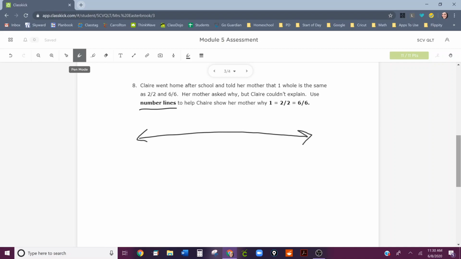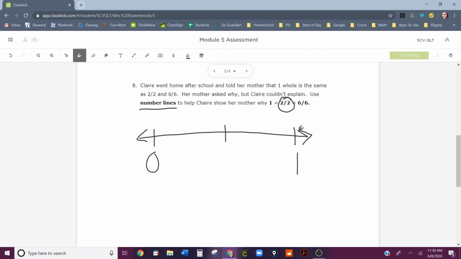a number line. And what I'm going to do is first I'm going to show 2 halves. So I'm going to have 0 and 1. I'm going to break it in half. So now I have 2 equal pieces. Okay. 1 piece, 2 pieces.